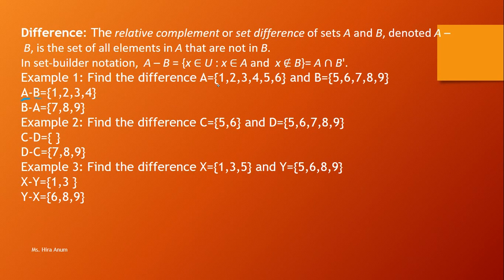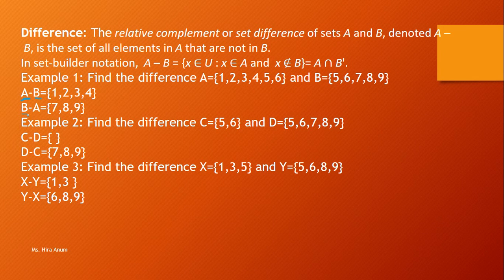You can see A is 1, 2, 3, 4, 5, 6 and B is 5, 6, 7, 8, 9. A minus B, you can see these elements. You have 5 in B, so it will be cut. 6 in B, it will be cut. Only 1, 2, 3, 4. Which elements do not belong to B? This is the difference between two sets.